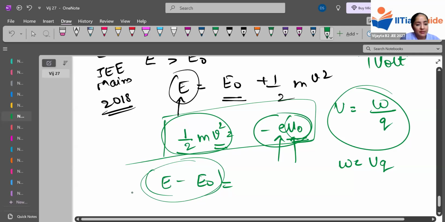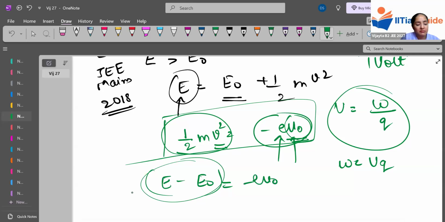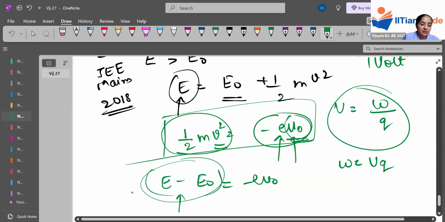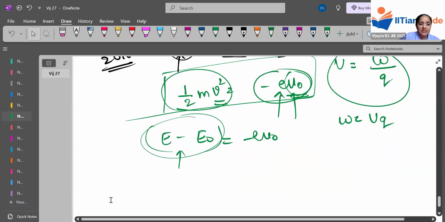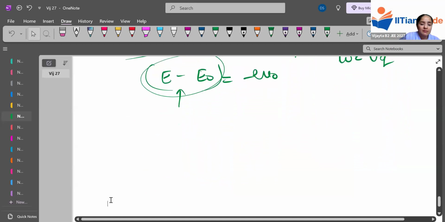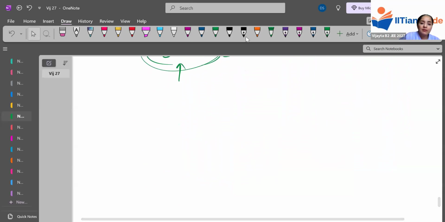Whether you equate this or this, isn't it the same thing? It cannot be equated to 0. It's the energy which is the excess from this: E minus E naught, because that is nothing but half mv square. Enough? Okay. Let's go to this.